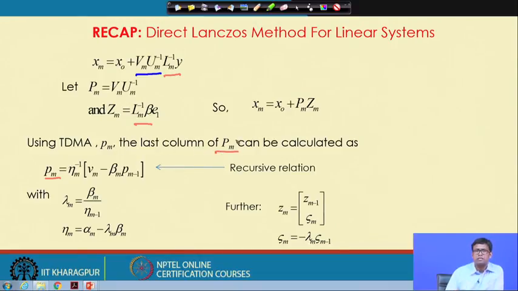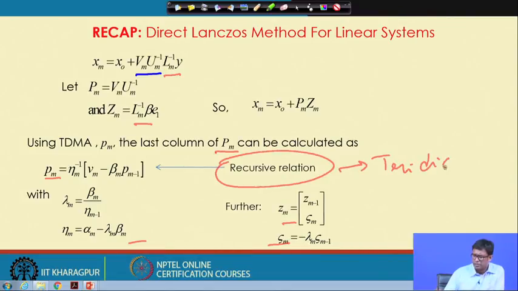We will change the values of m recursively and get different columns of the matrix P m. Using this recursive relation, we can calculate P m. From there we get V m U m inverse, and similarly Z m is also calculated using a recursive relation. So, this recursive relation is the heart of the tridiagonal matrix algorithm.